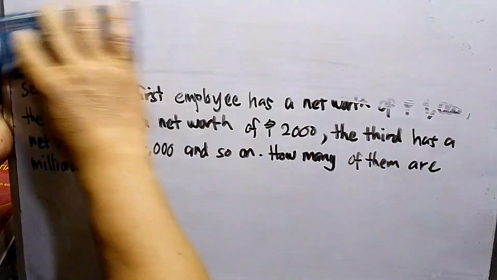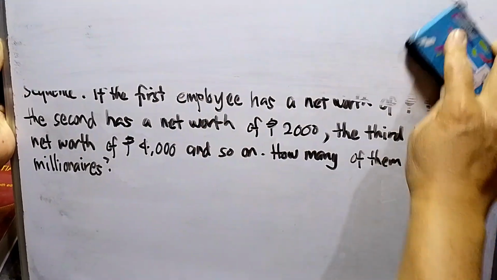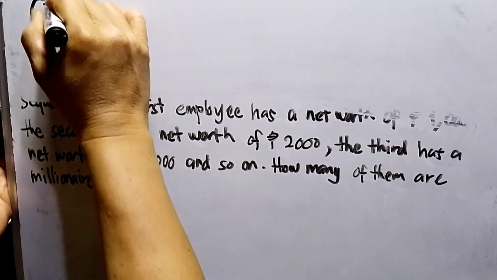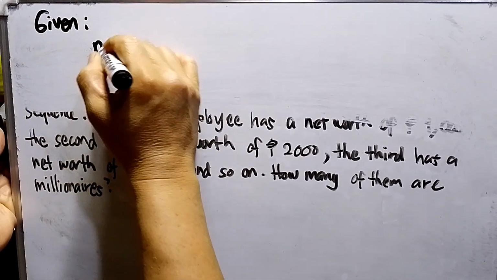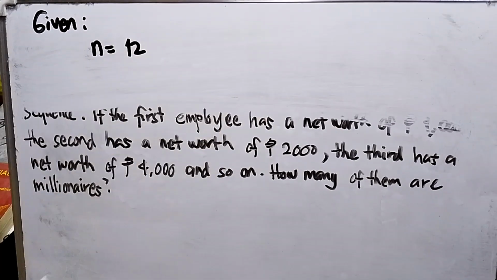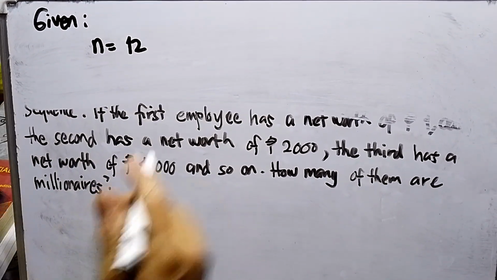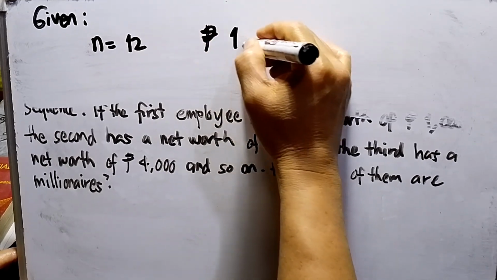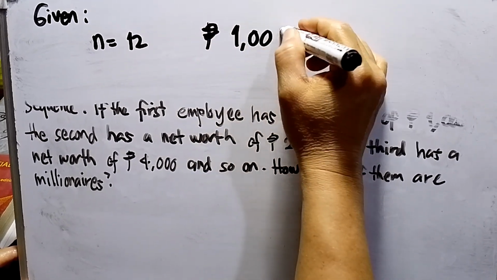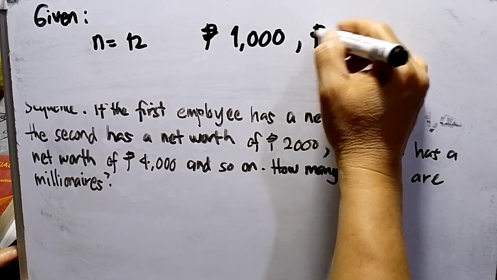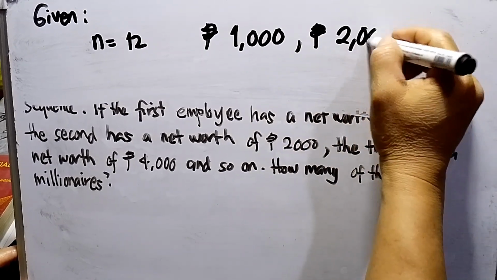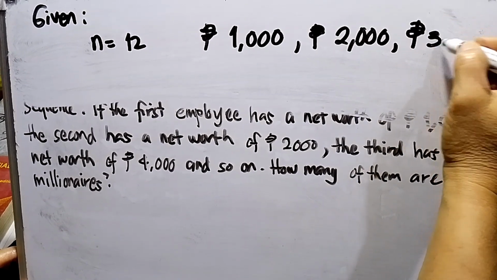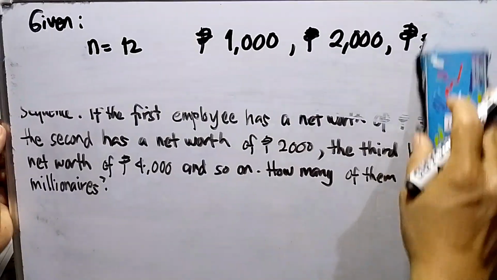So there are 12 employees. So we have now, given, n equals 12. The first employee has 1,000, then second is 2,000, and the third net worth is 4,000.